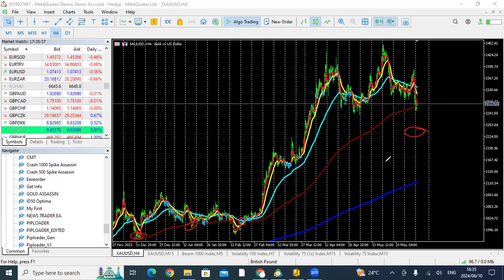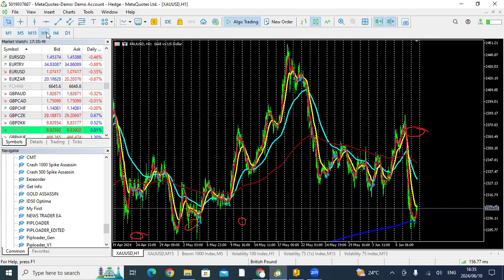It's very, very key, very, very important. It helps you to understand some of these things. If you look at the 1-hour chart, you can see that the market came and bounced on the 1460. And the 365 is a very good form of support.